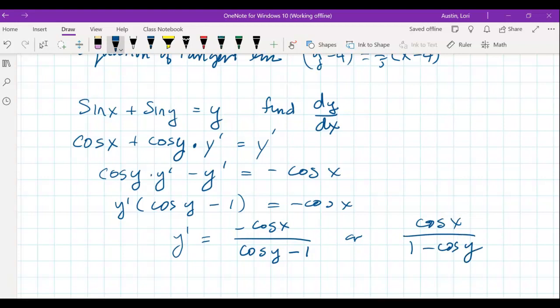They are the same answer. Recognize that. They're exactly the same, because if I take this negative and apply it down here, it makes the cosine y negative and the 1 positive. That's all. It's the same answer.